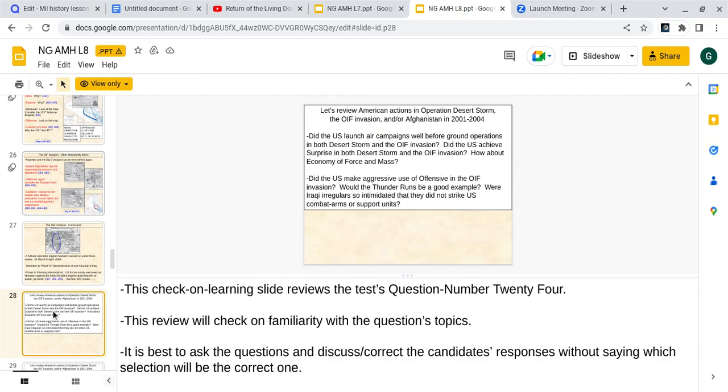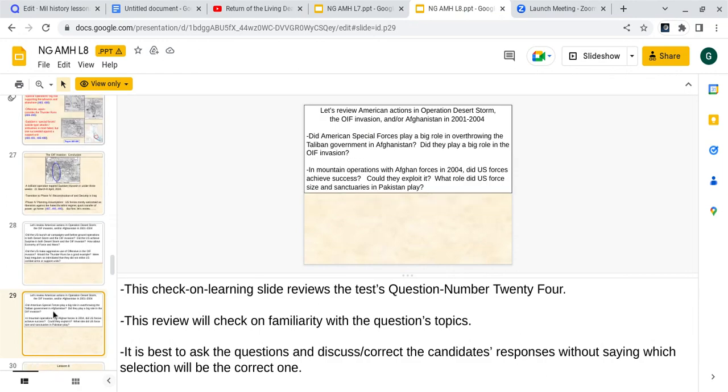No, right? They were very foolhardy and they attempted suicide style attacks against combat arms and support units, and they were pretty much all failures except for one time they were successful. So that's what's important to know about that.